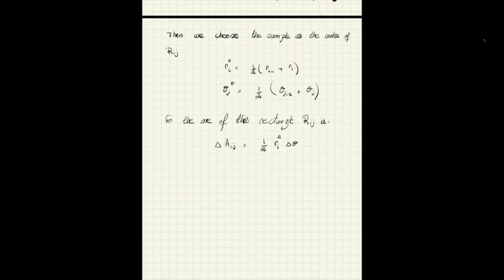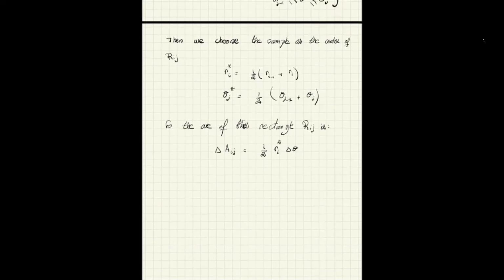If you have a circle of radius R_i, and this is delta theta, and this is R_i, then the area of this thing is given by this formula.